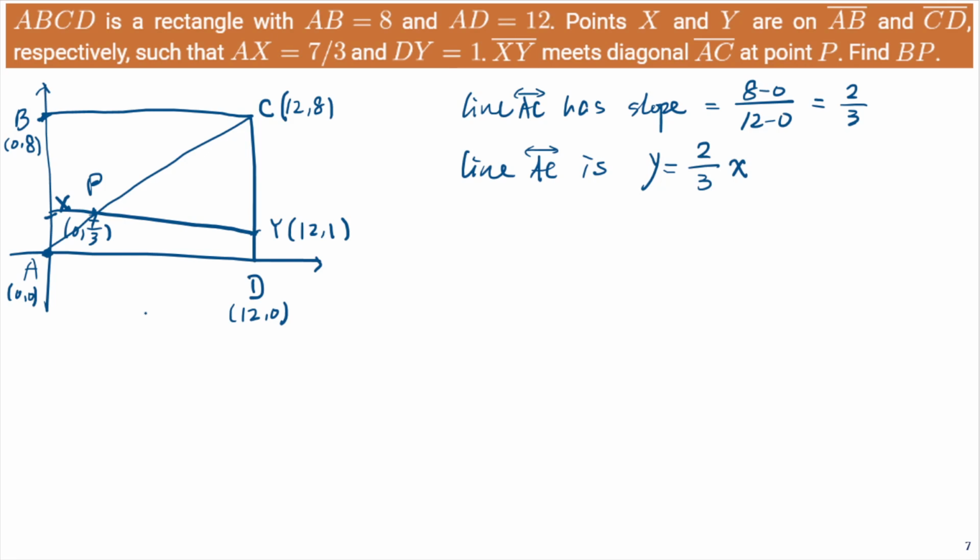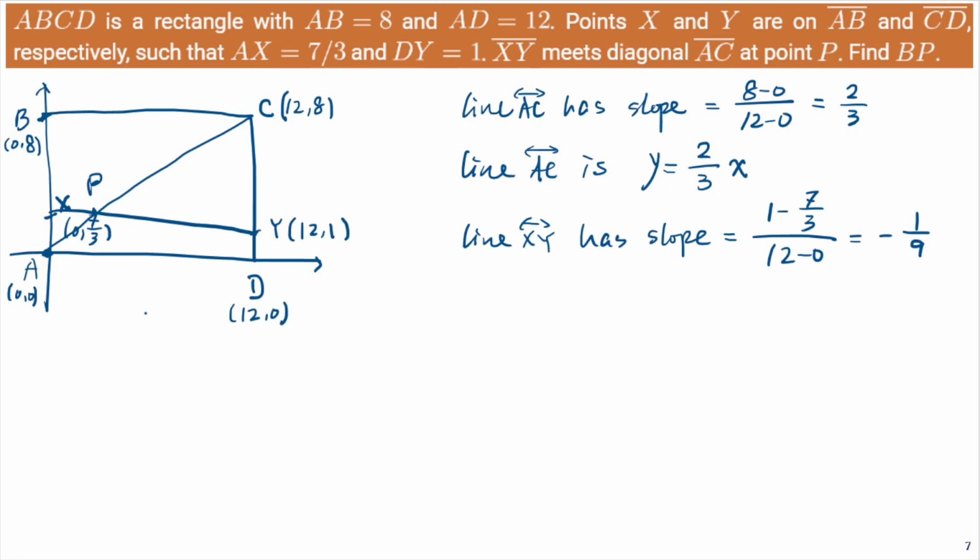Point P is also on XY. Then we find the slope of line XY, which is (1 minus 7/3) over (12 minus 0), which gives us negative 1/9.